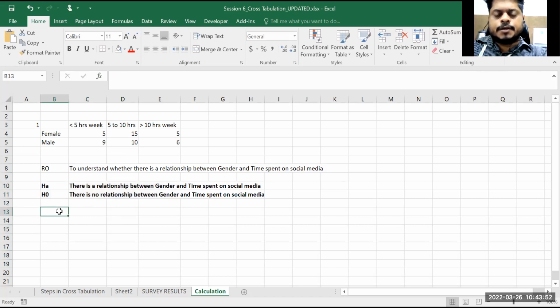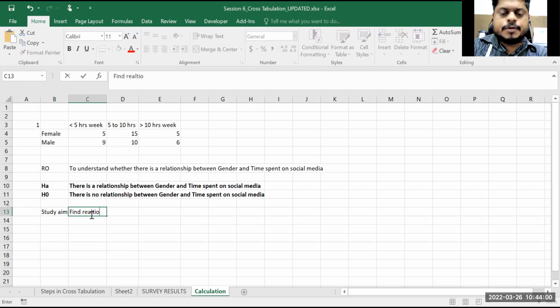Next step again, I have to find out what is my study aim. Study aim is to find relationship between two categorical variables. What are my variables? So which are my variables?